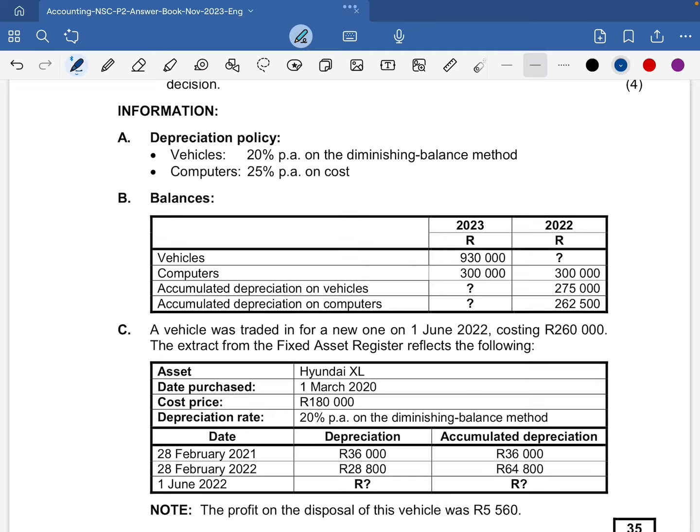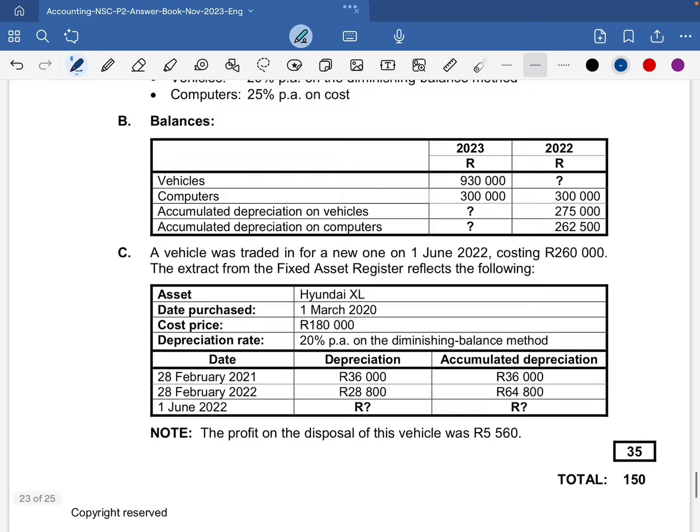We have some question marks, which we might need to calculate. And then information C tells us that a vehicle was traded in for a new one on the 1st of June 2022, where the new one cost 260,000. So this will help us in the calculation of the cost price of vehicles at the beginning.